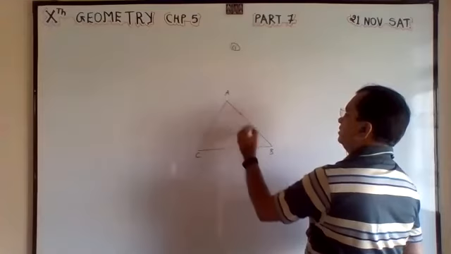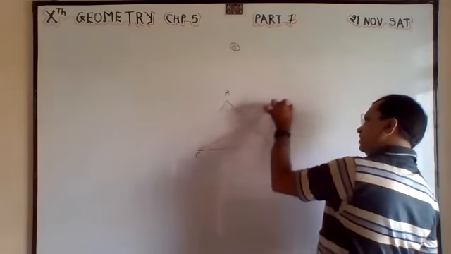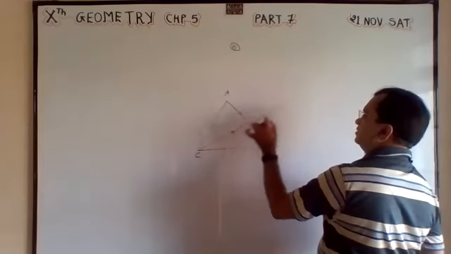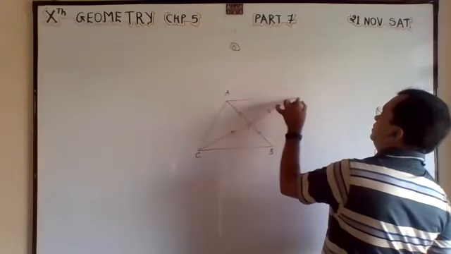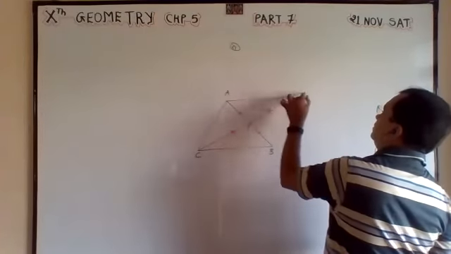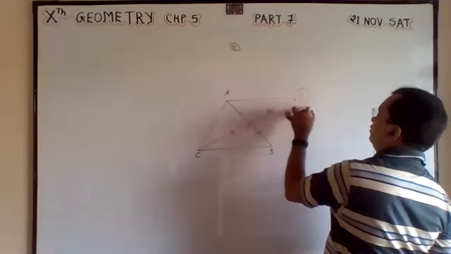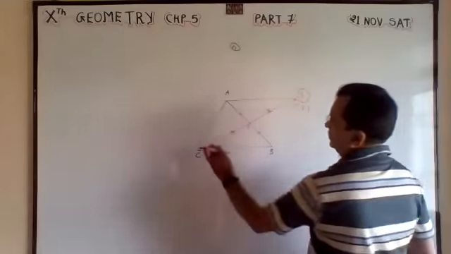So these two are equal. Then join this, extend this. So join this. So this is position number 1. This coordinate you have to find. One parallelogram.